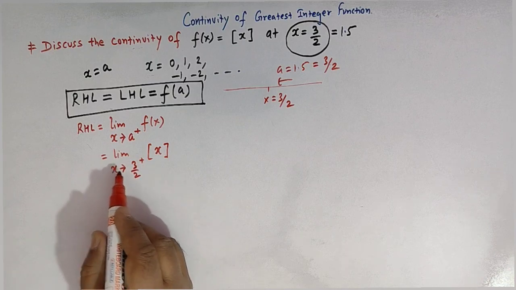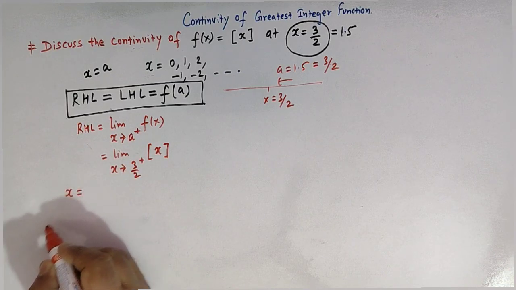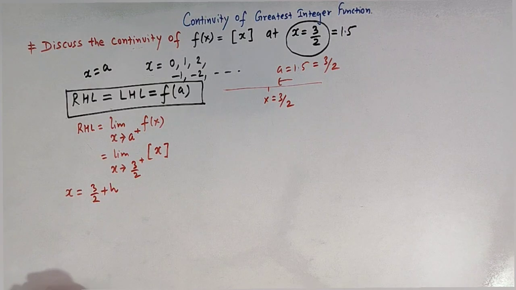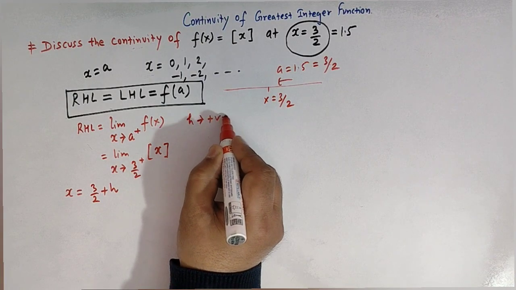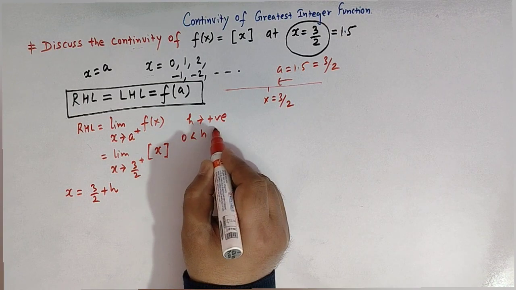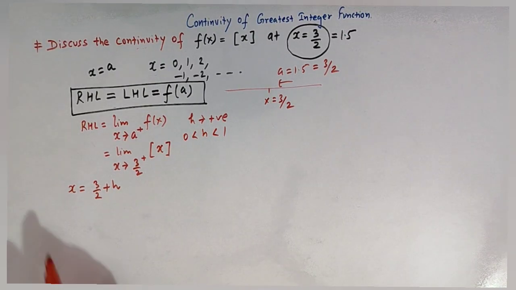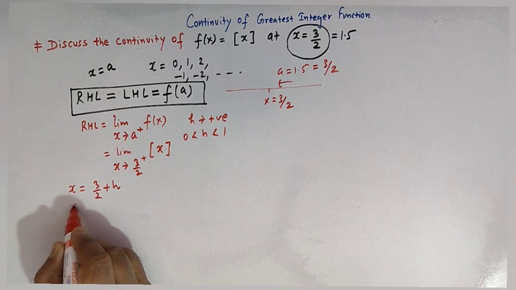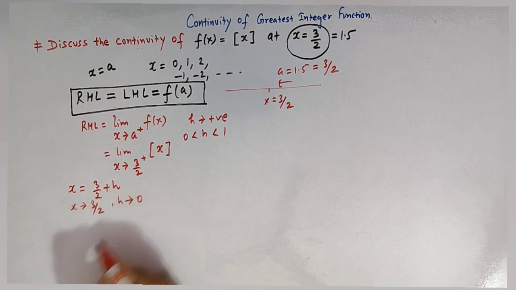Now to move further, we'll substitute x is equal to 3 by 2 plus h, where h is a positive quantity, a very small quantity that lies between 0 and 1. When x tends to 3 by 2, then obviously h tends to 0.